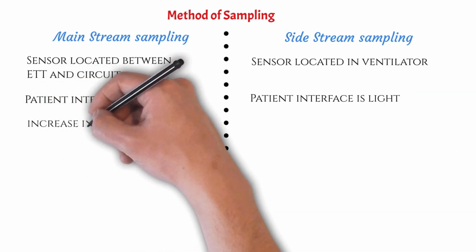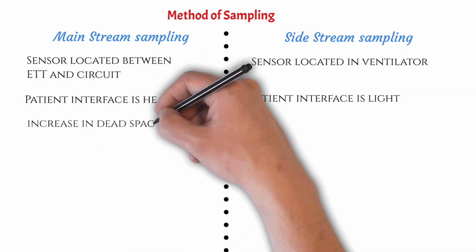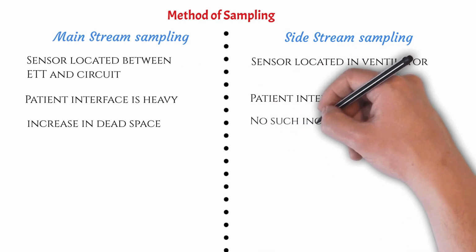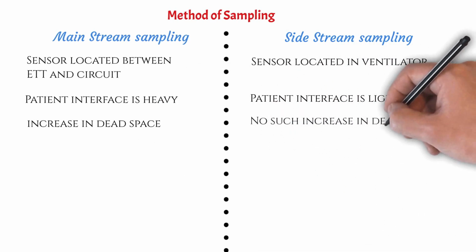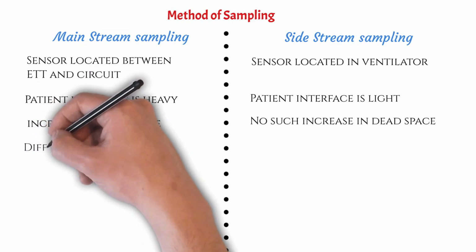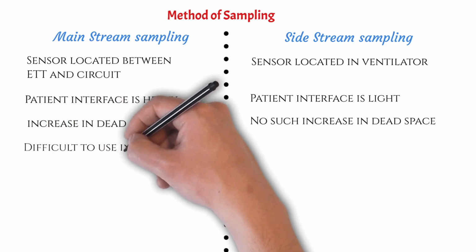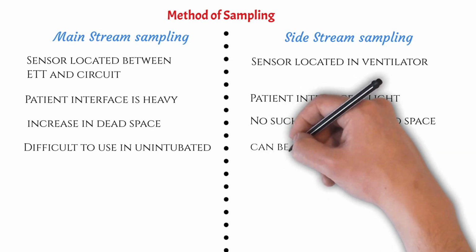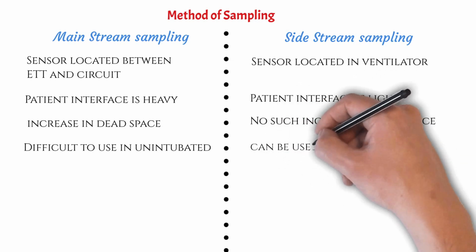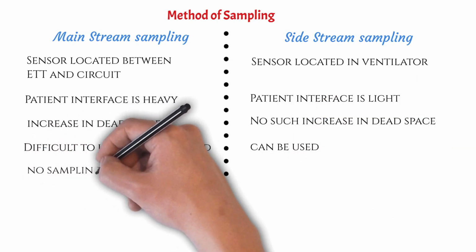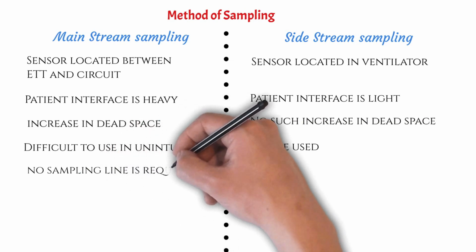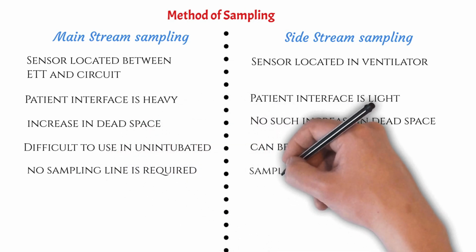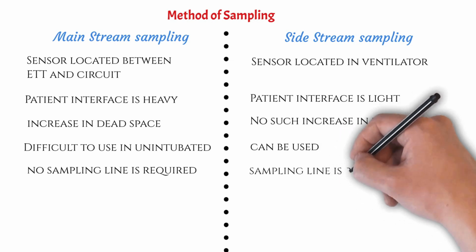There is an increase in the dead space as the sensor is located between the ET tube and the circuit. In side stream, there is no such increase in the dead space. Mainstream is difficult to use in an unintubated patient, while side stream can be used in an unintubated patient. In mainstream, no sampling line is required, while in side stream, a sampling line is required.